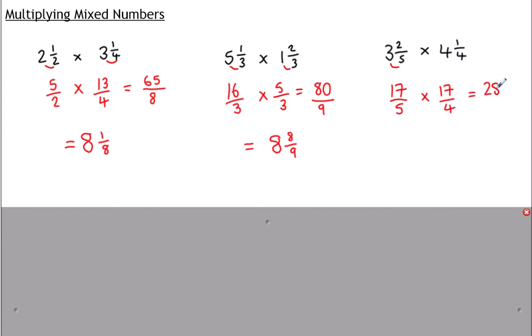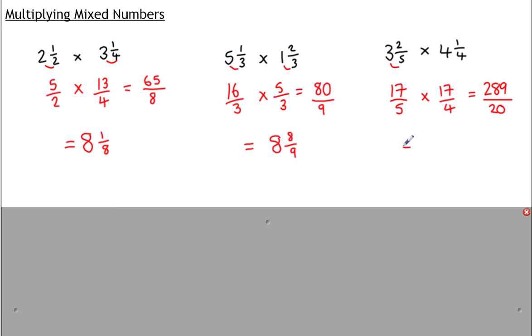Okay, I wouldn't blame you if you got your calculator out for that, just to make sure it went right. All divided by 20. And I'm very confident that there's nothing they both divide by. Okay, 20 divides by 2, 4, 5, 10 and 20, and 289 doesn't divide by any of those.